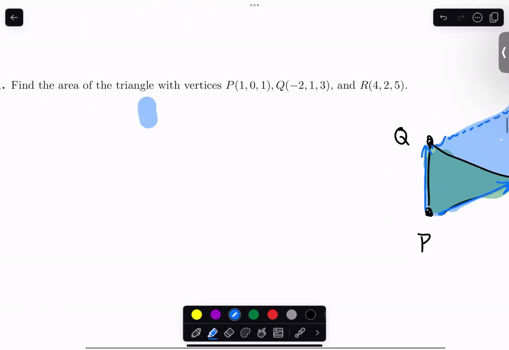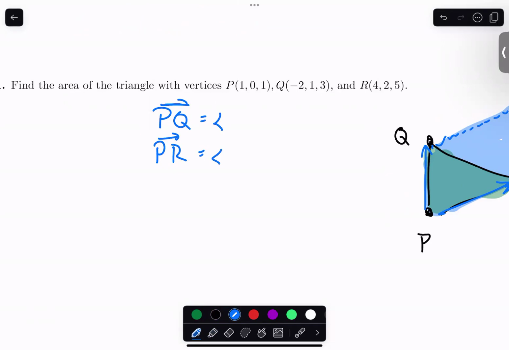I'm going to start off by finding my vectors PQ and PR. Again, these are displacement vectors. Whenever I try to find displacement vectors, I usually do the ad hoc method, which is just thinking about it logically, component by component.